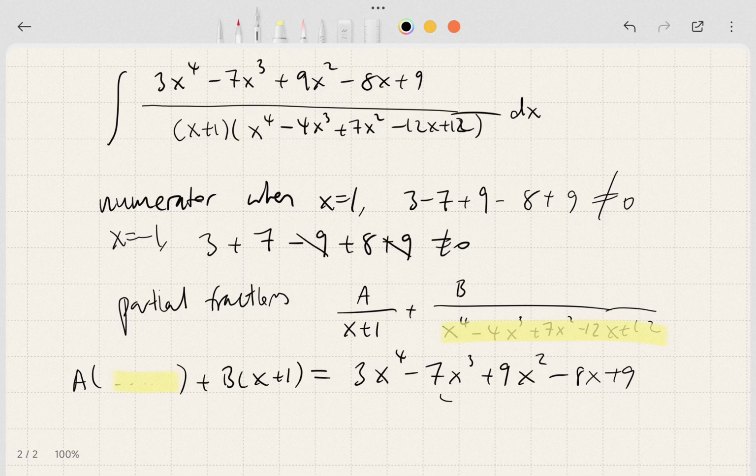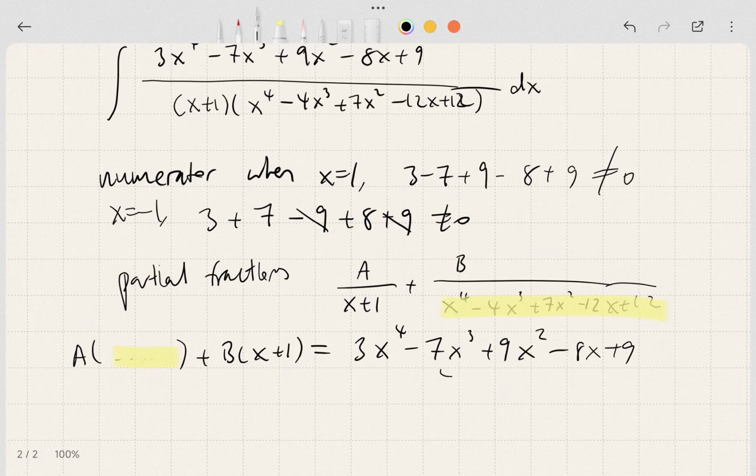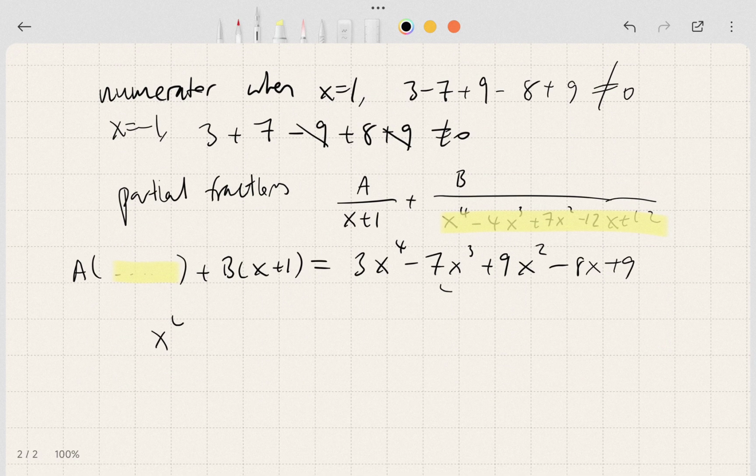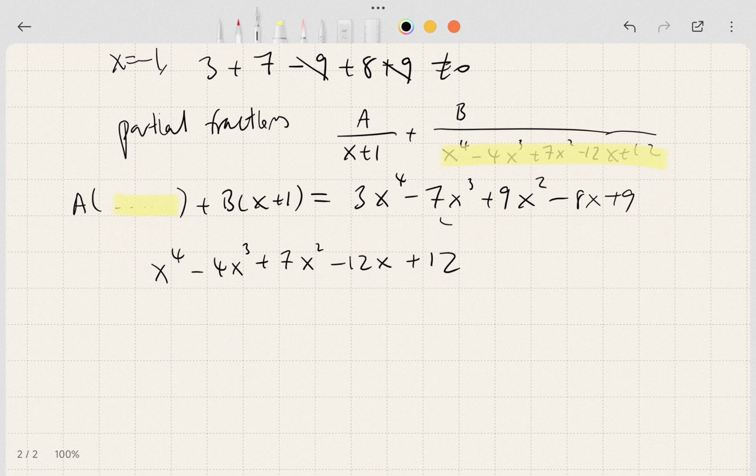So we can't do a partial fraction like this. It's unsolvable, right? So let's think about how we can simplify x to the power 4 minus 4x cubed plus 7x squared minus 12x plus 12 even further.